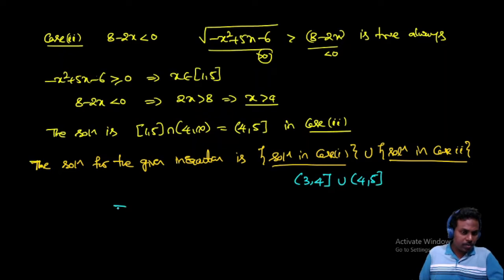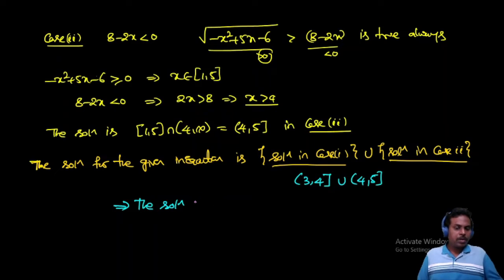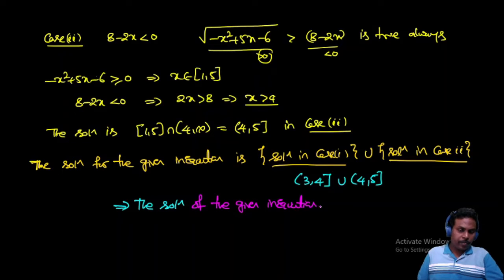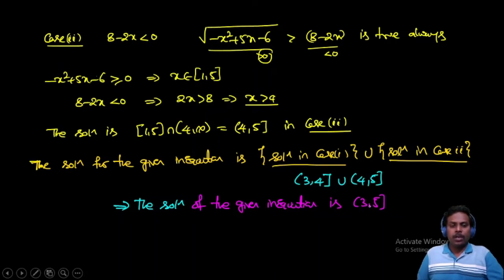So this implies the solution of the given inequation is, what is the union of this one? It is open 3 to closed 5. Okay. So hope you have understood. Whenever you get two cases, the solution you have to take union actually.